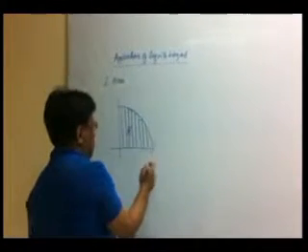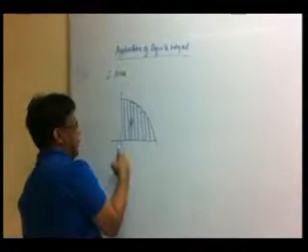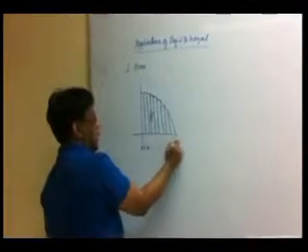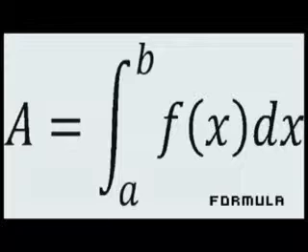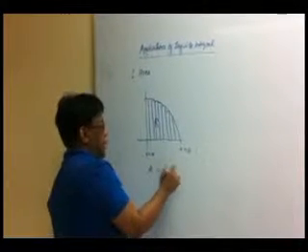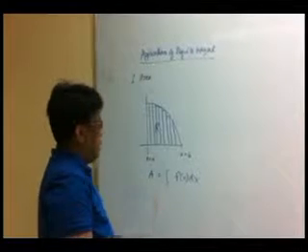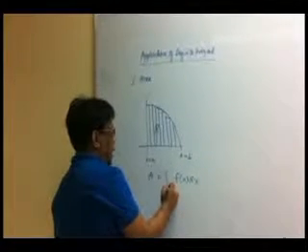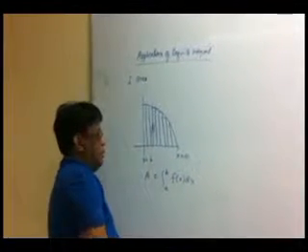If we're going to have the region bounded from the left and right side, where we have x equals a and then x equals b, the formula or the symbol notation that we have is the integral of f of x dx, where f of x stands for the region, and that is from A to B.